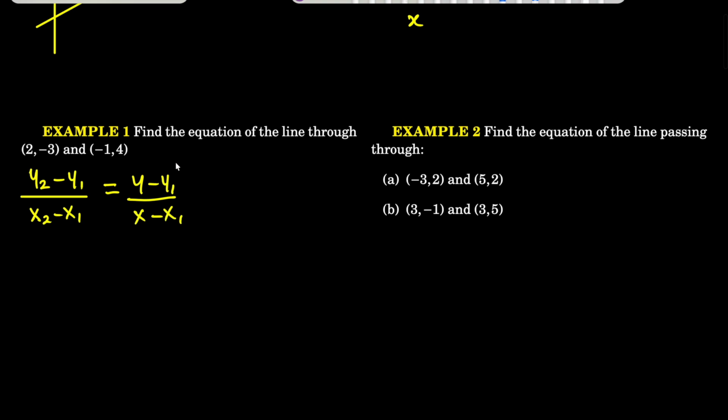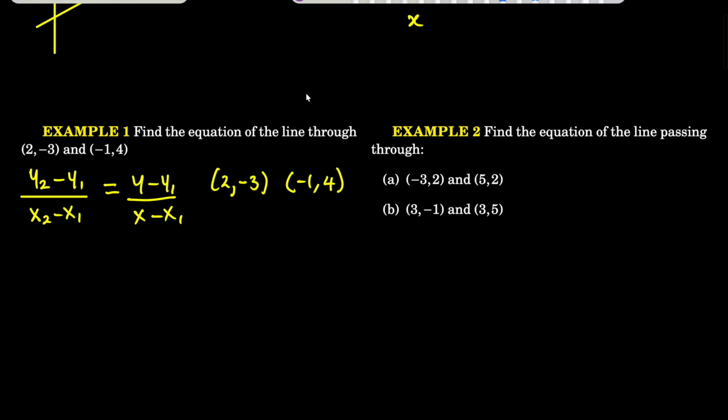That's the formula we are using. Now we want to find the equation of the line through 2, negative 3 and negative 1, 4. So what we do is to write out our coordinates. We have the first point, which is 2, minus 3. And the second one, we have minus 1, 4.